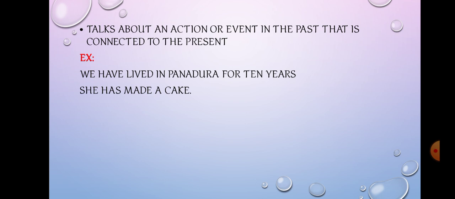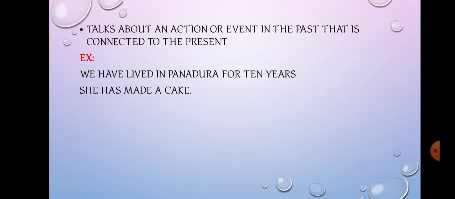Now let's see what this present perfect tense means. Where do you use it? First, it is used to talk about an action or event in the past that is connected to the present. I'll explain it through an example.